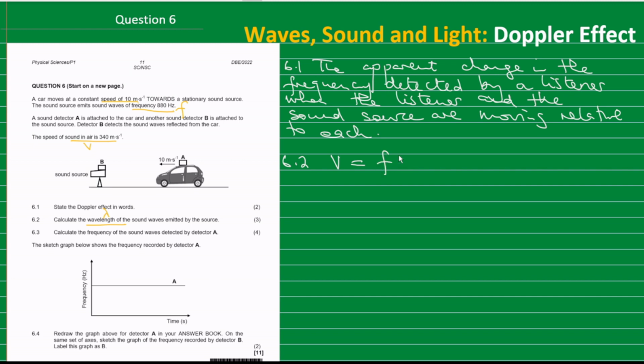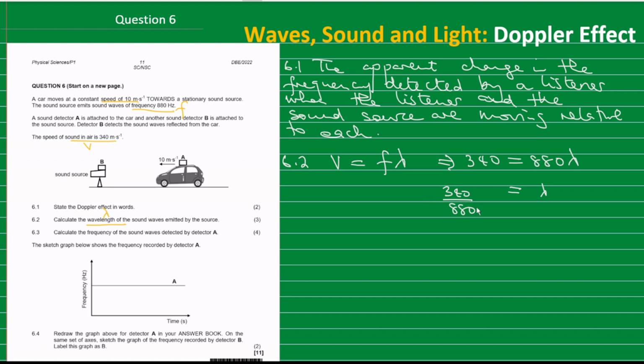to F lambda. Translate this into our numbers: V will be 340, F is 880 times lambda, and that leaves us with lambda being equal to 340 over 880.